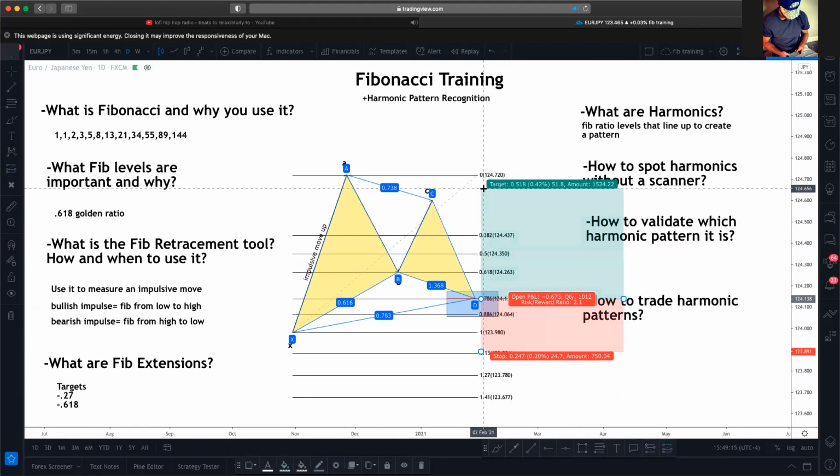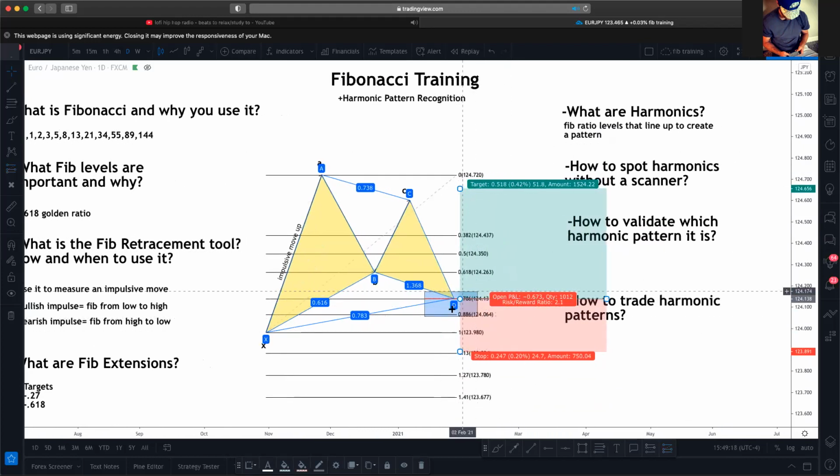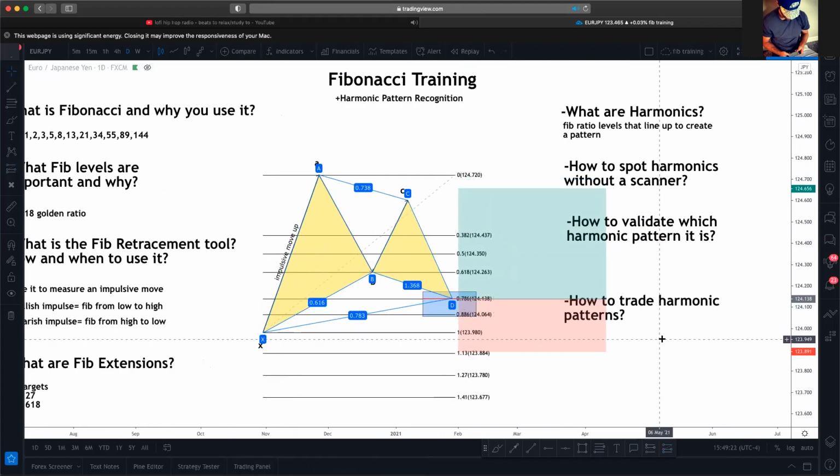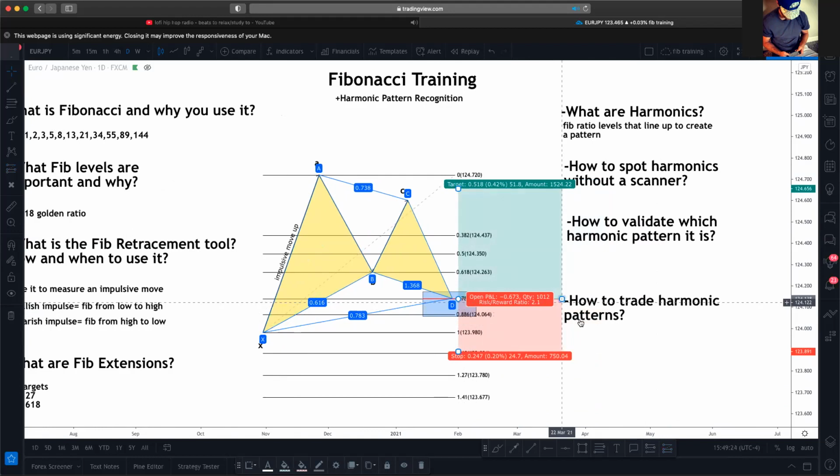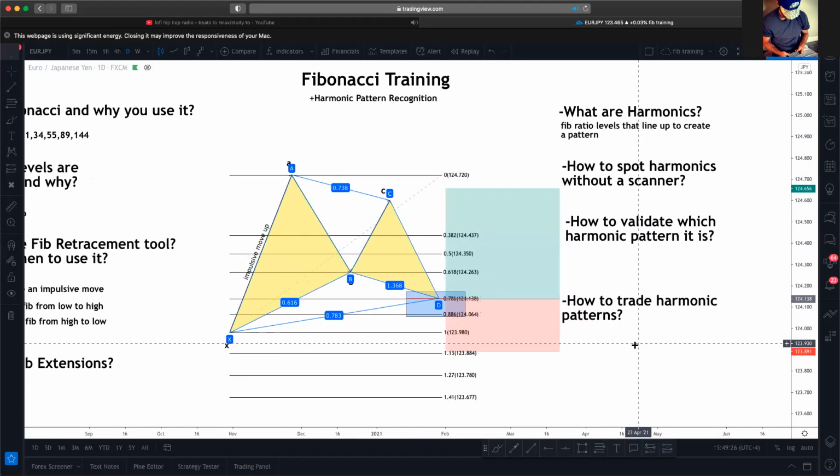The entry is at the converging level of the D. Some people don't put limit orders. That's all good. You might miss it if you don't. But if you don't want to put a limit order, just wait for a bullish rejection in this area. It's the PRZ, potential reversal zone, whatever you want to call it.